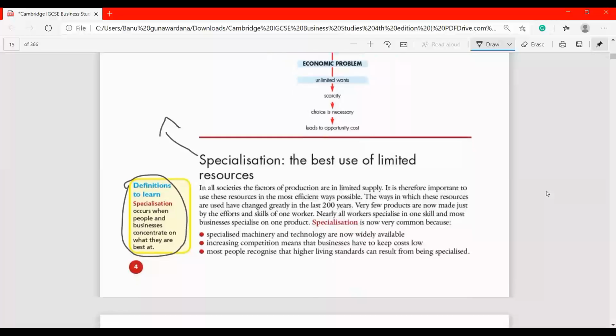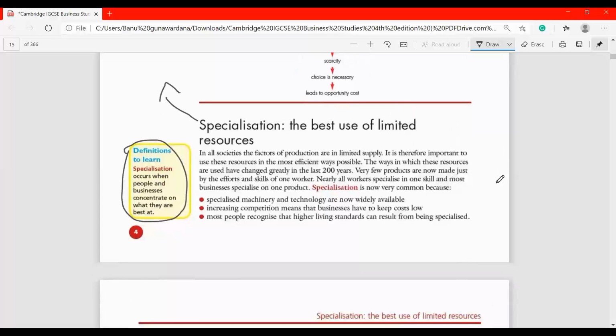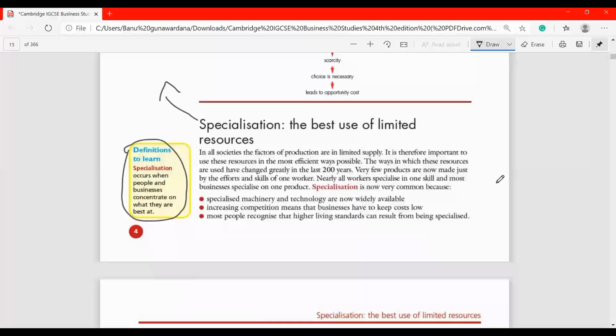They have to produce only one. So in order to make the best use of these limited resources, they will decide what to produce by thinking about what they are best at. Let's say that the owner is best at producing dairy items, which means that the owner is specialized in dairy items.